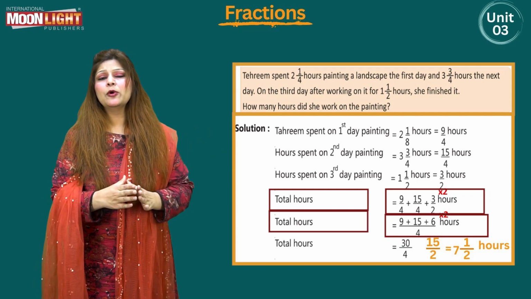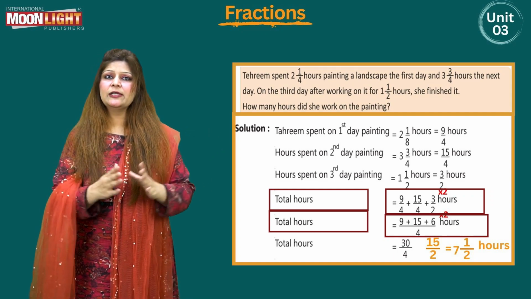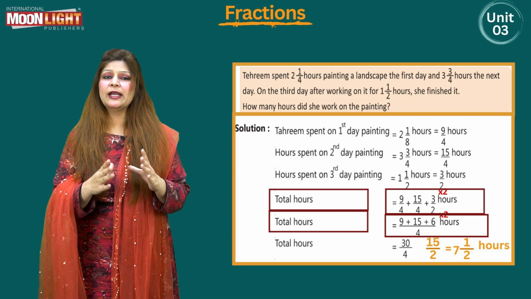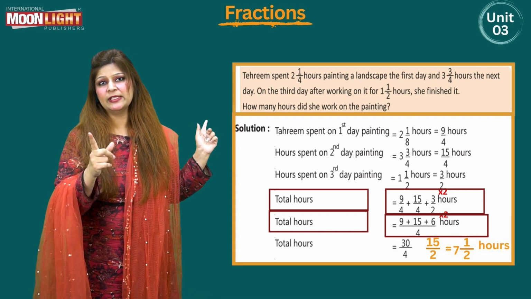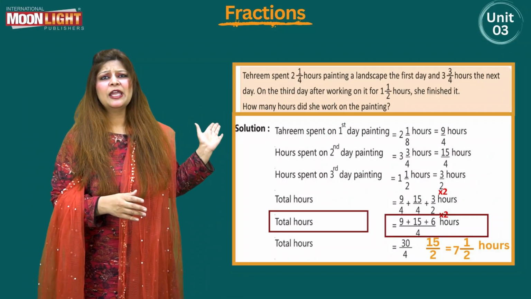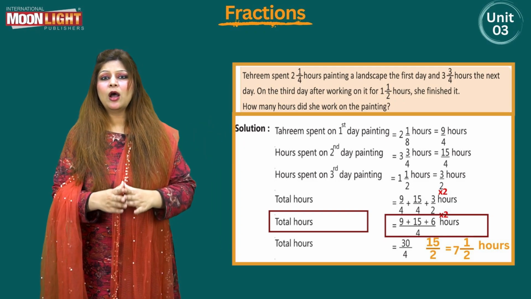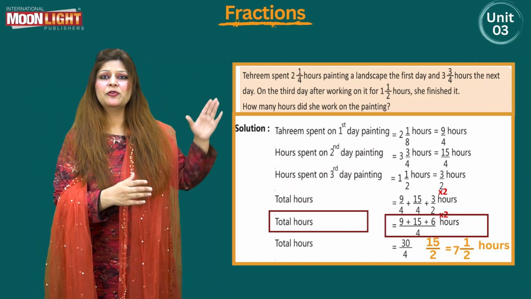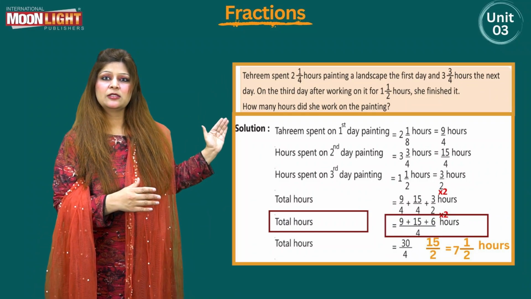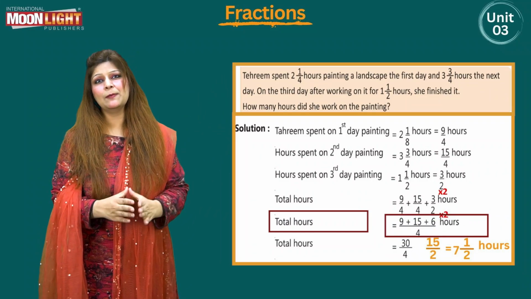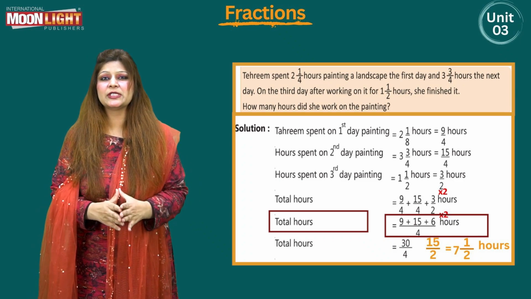Now I add the numerators together and write the denominator once: 9 plus 15 plus 6 divided by 4 hours. I write hours from the first step to the last step because I am going to get the total hours.